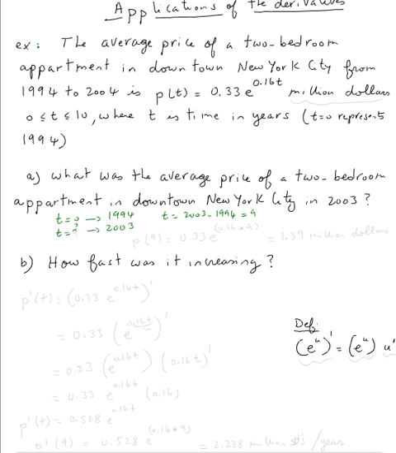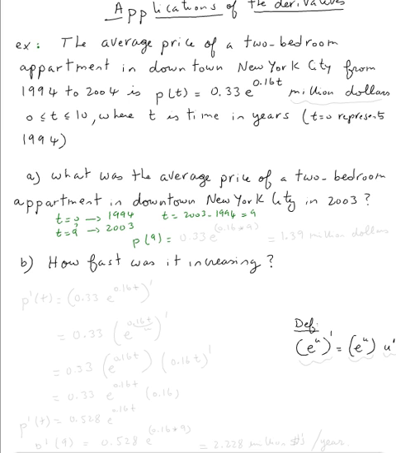But you can check it. When t is equal to 9, it's going to be 2003. t equals 0 is 1994, t equals 1 is 1995, t equals 2 is 1996, and so on. So t equal to 9 is going to be 2003. So all we need to do is just plug in. In other words, they're asking us for P of 9.